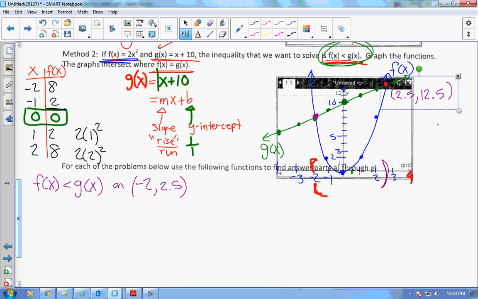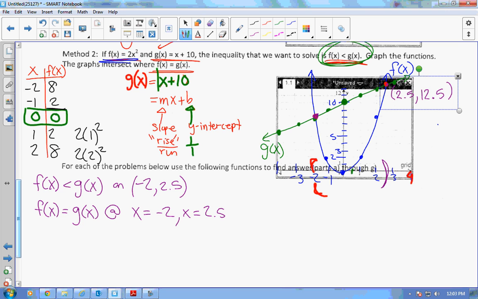Then we had another question. When are they equal? F of x is equal to g of x at what points in time? Okay, there's two ways we can write this. At x equals -2 and x equals, what's the x? 2.5.